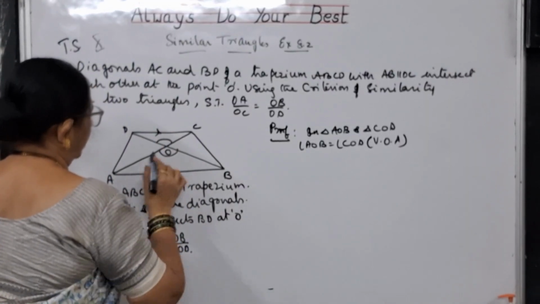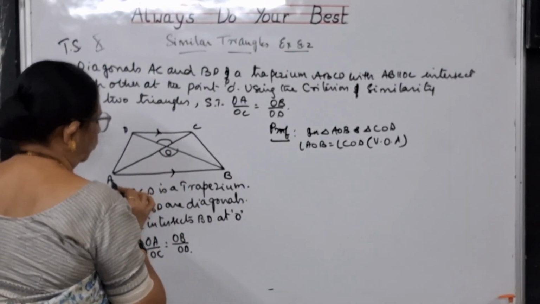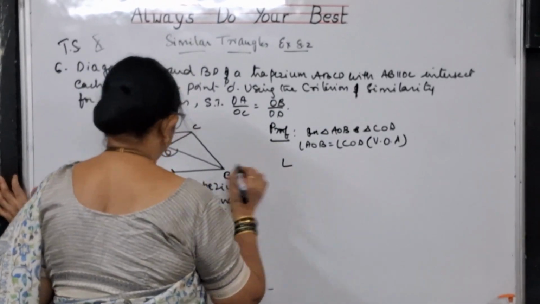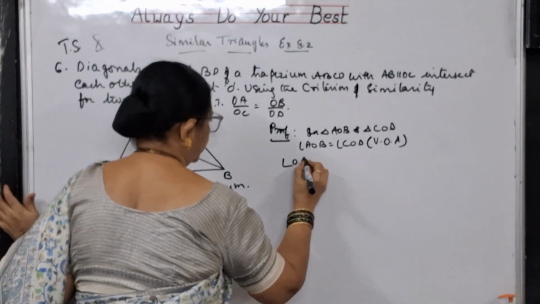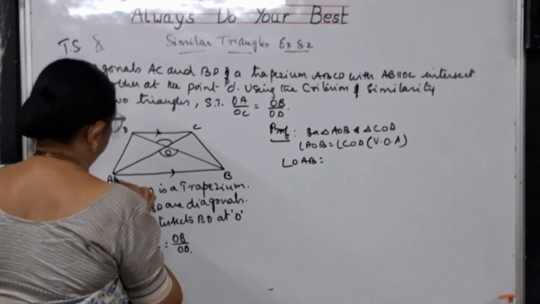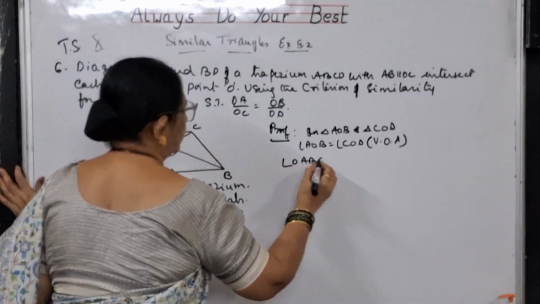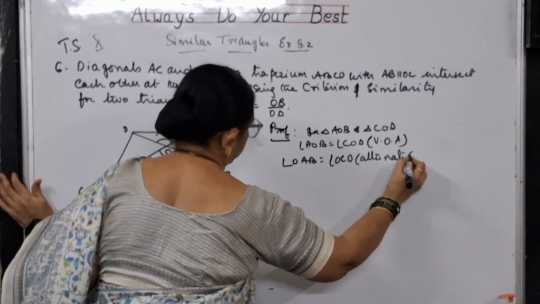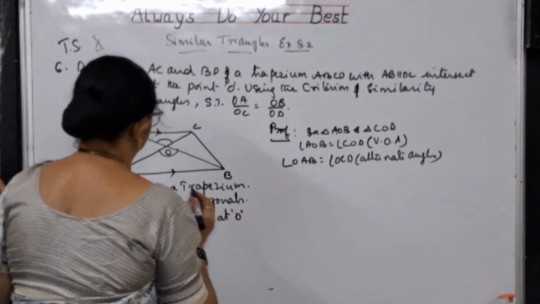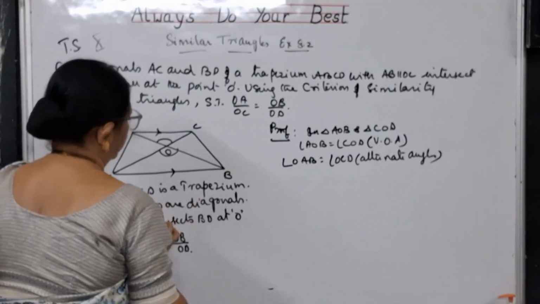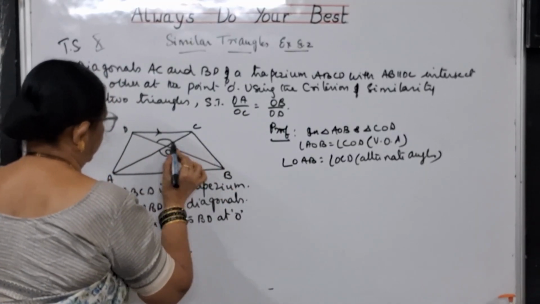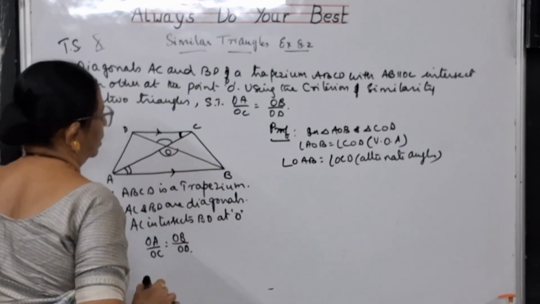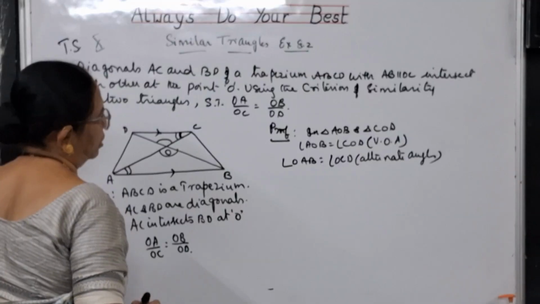And angle OAB is equal to angle OCD. They are alternate angles. See children, angle OAB is equal to angle OCD because AC is a transversal. These two are alternate angles, so they are equal.